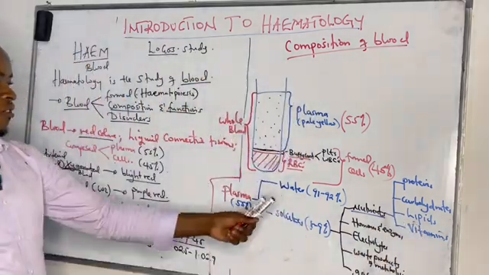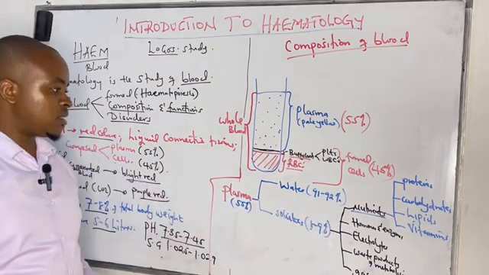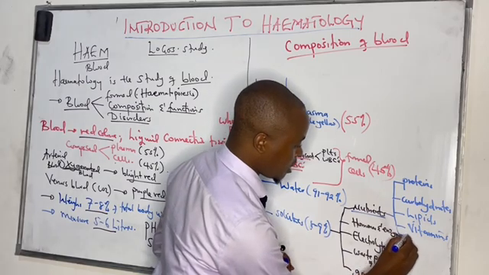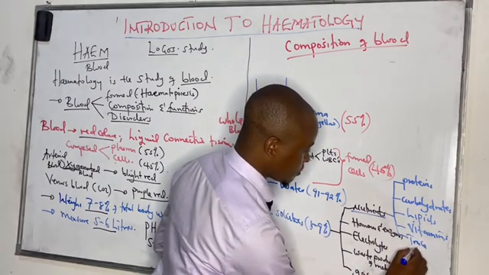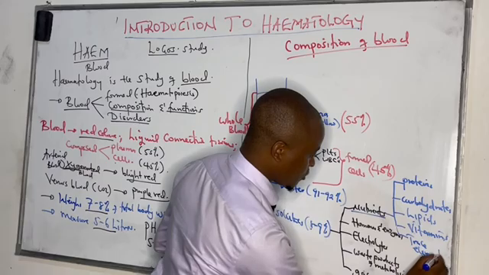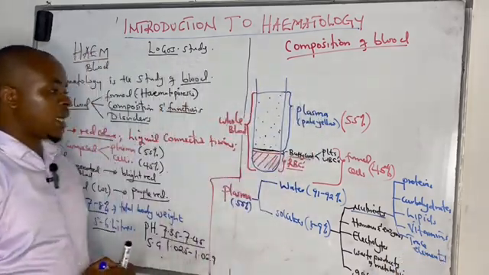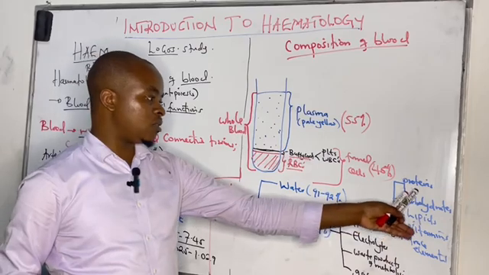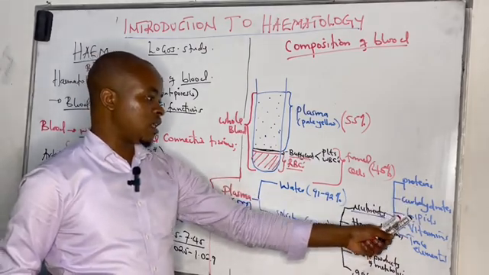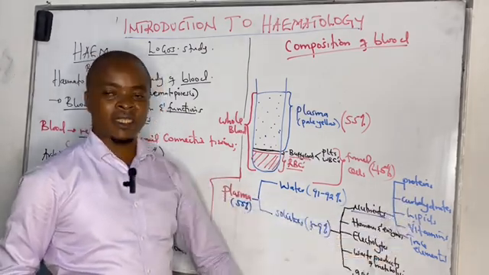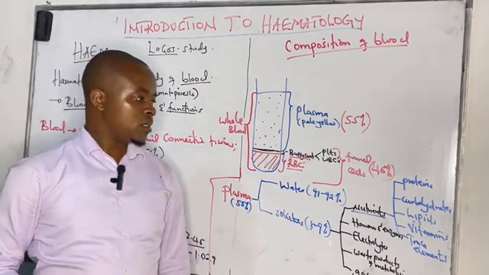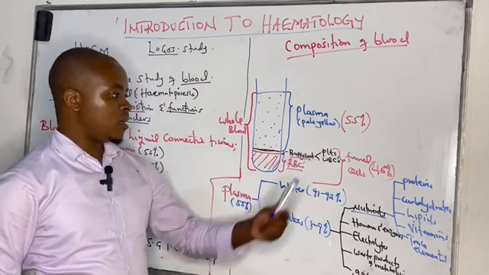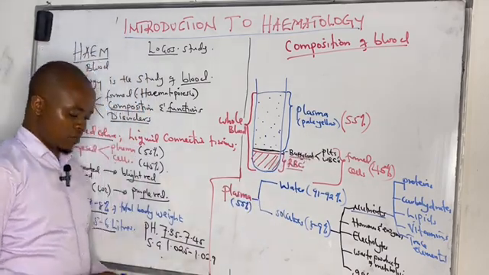Vitamins are also part of the body nutrients, even plus trace elements. So that is the composition of the nutrients: proteins, carbohydrates, lipids, vitamins, and trace elements, and sometimes nucleic acids. And these are the macromolecules we find in the body.